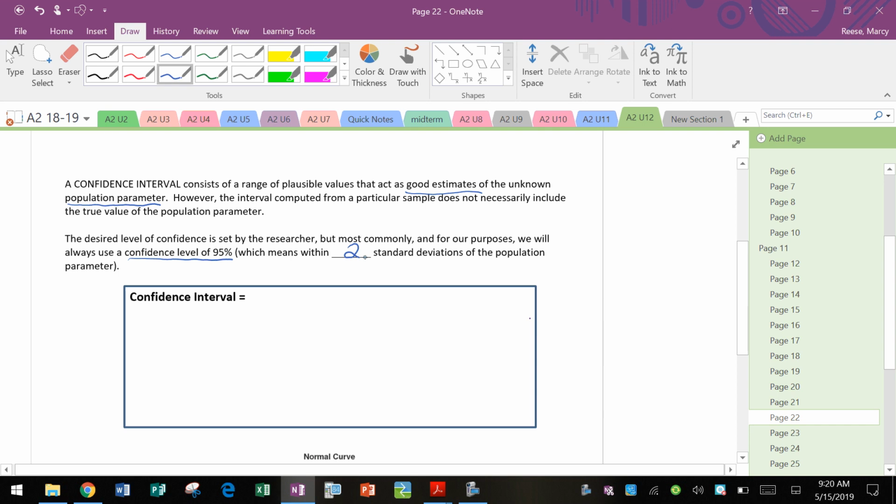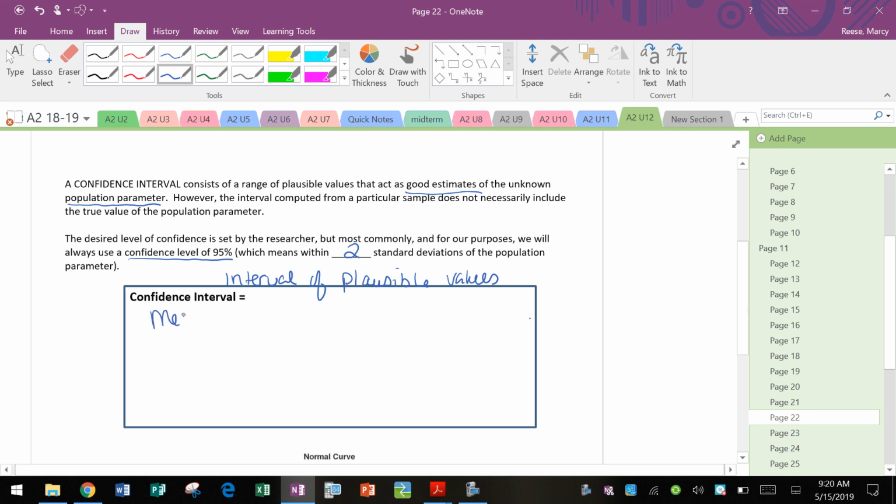So we are going to go back to that bell curve. Confidence intervals, which remember, is that interval of plausible values, can be done 2 ways.